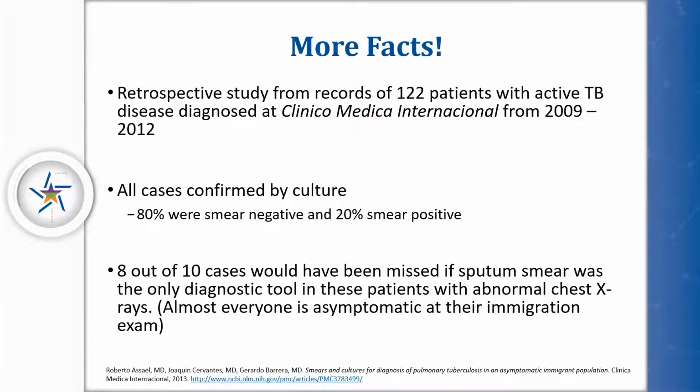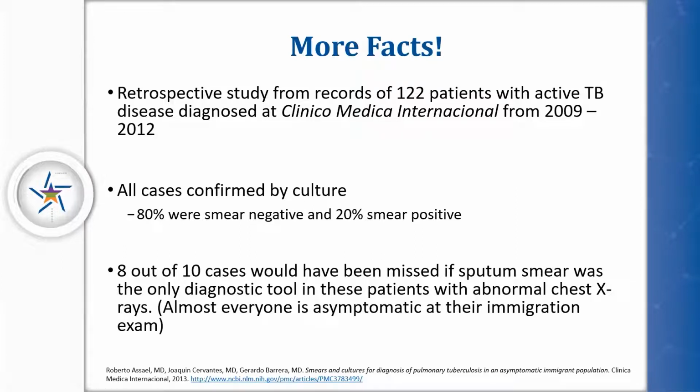More facts. This was a study of a group right across the border from us in Mexico. We're here in Texas, and they're right across the border in Mexico. They did a retrospective study of their records from 122 patients who had active TB in their clinic, Clínica Médico International.